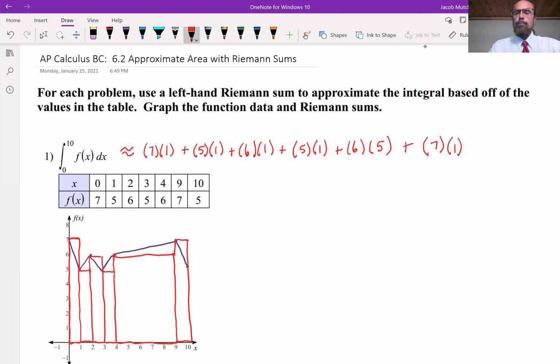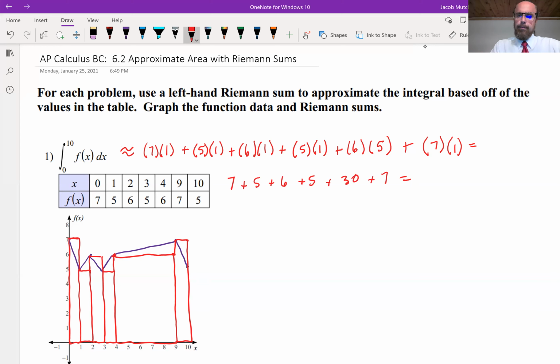So now to get this approximation complete, all I have to do is add up that series of areas. So this is going to be approximately 7 plus 5 plus 6 plus 5 plus 30 plus 7.